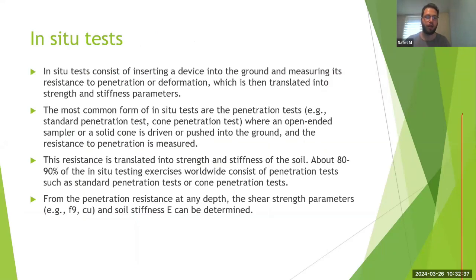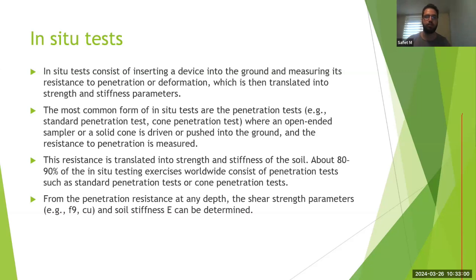The most common in situ test is the penetration test, for example the standard penetration test or the cone penetrometer test. We're going to speak about those a bit later, where an open-ended sampler or a solid cone is driven or pushed into the ground, and the resistance of the penetration is measured.